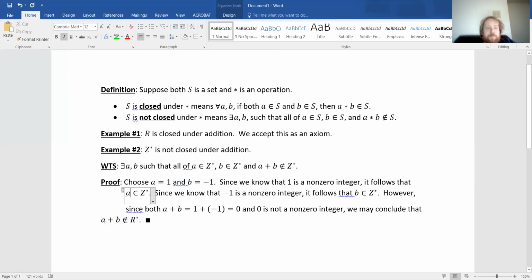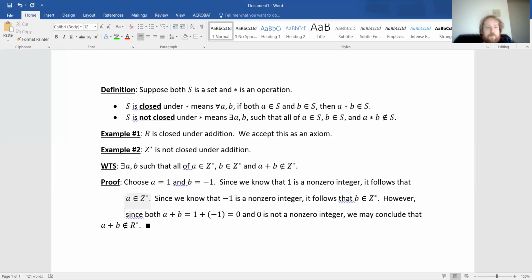Now, what we have done here is we have put 4 sentences in the proof, 1 sentence for each of the phrases in the definition of not closed. We want to show that there exists A and B, so our first sentence is to choose A and B. Our second sentence is to argue why A is in Z star.